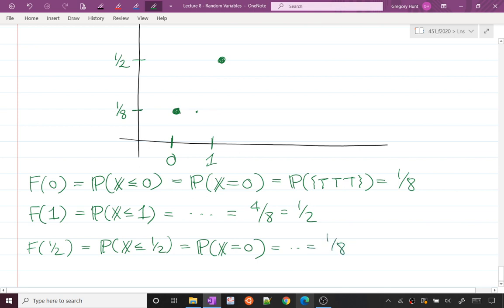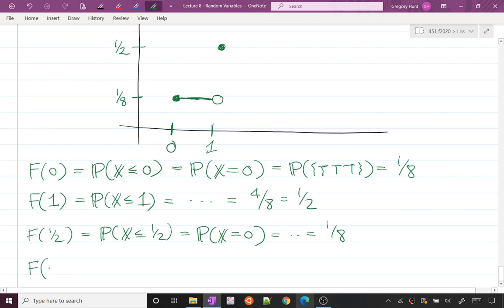And that's actually true for any number between 0 and 1. So I can draw it like this. For any number between 0 and 1, it just reverts down to asking: what's the probability I have less than or equal to 0.8 heads? That's the same thing as asking what's the probability I have 0 heads. I can't have 0.8 heads. So all these values are equal to 1/8 until I get to 1, where I have this jump up to 1/2.